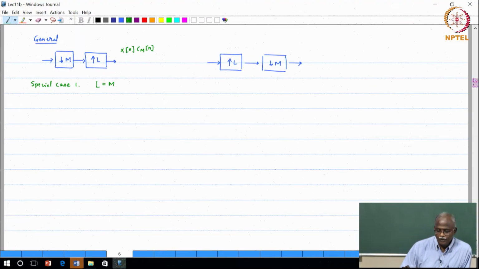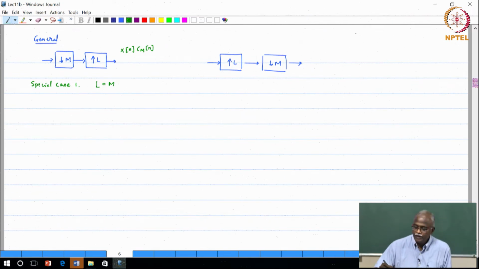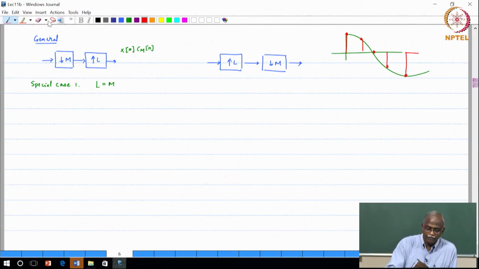Now, what if I upsample by a factor of m, what does it do? If I have a sequence where I have the following samples, if I have these as my samples.